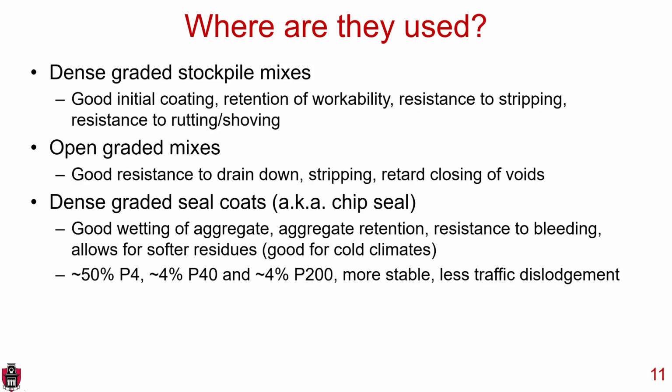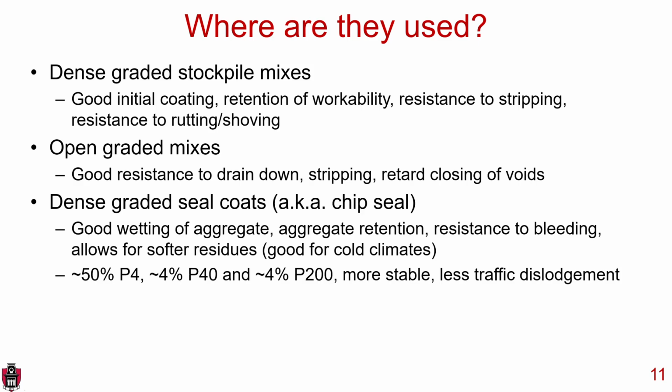And when I talked about this concept of dense graded seal coats versus traditional seal coats, usually chip seals have single size aggregates. It's usually 3/8 of an inch, can be a little bigger, can be a little smaller, but very little fines, but it's as single size as possible.